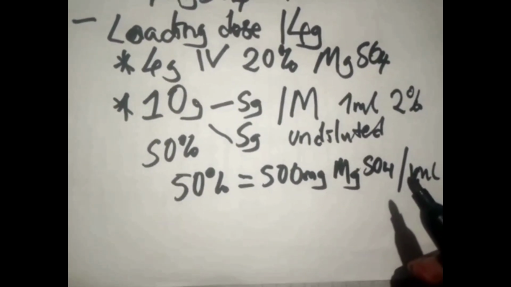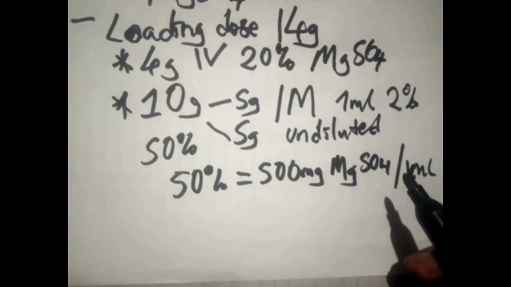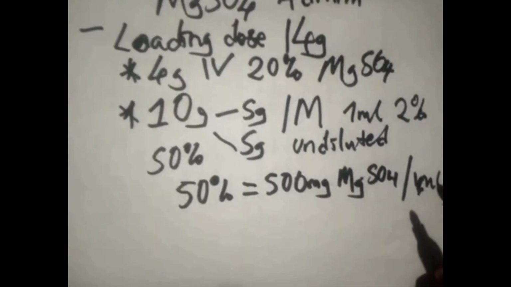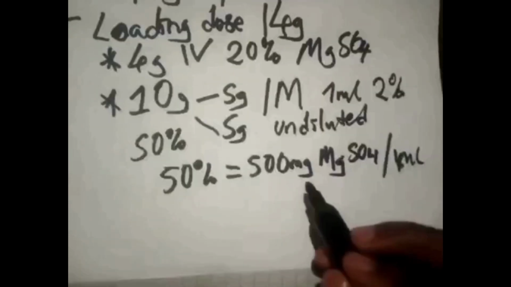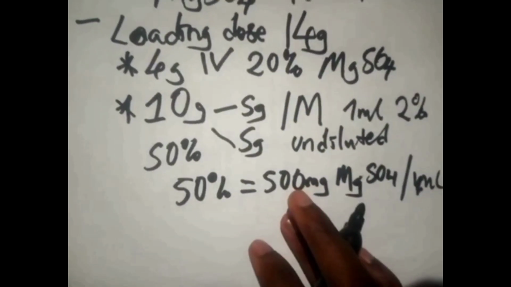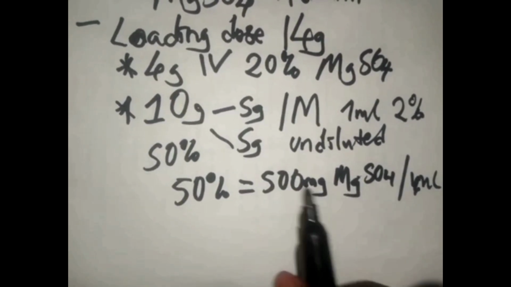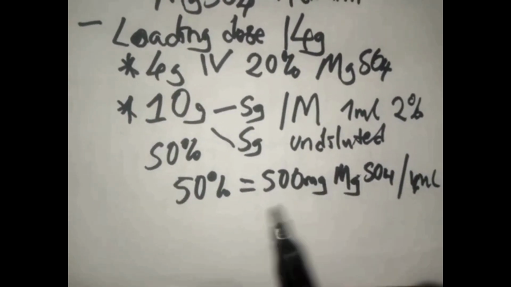Now an ampule in our setup is 10 mils. So you have to multiply this 500 times the 10 mil in total.